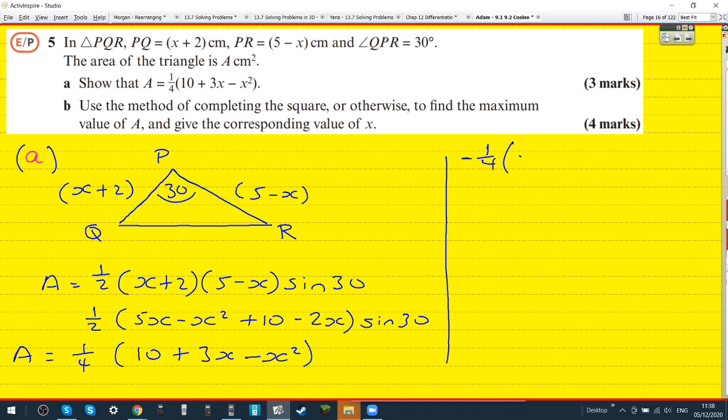So minus a quarter, and then change all the signs. Okay. So let's say this. We need to put it into a square bracket. Okay. So what will that be?